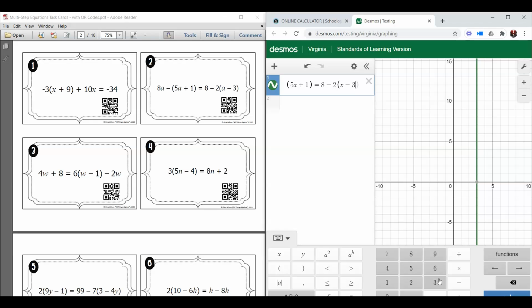So good reminder for you there that just because you're getting to use the calculator, that doesn't mean that we don't have to be careful with this. Make sure as you're typing that you're typing very carefully.